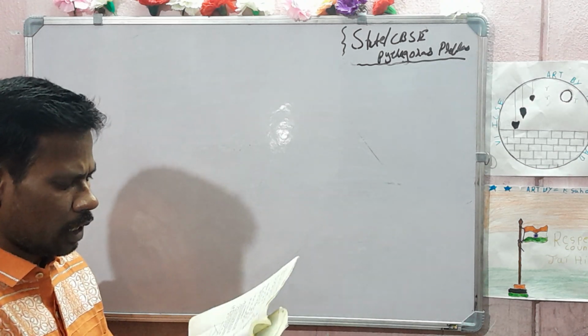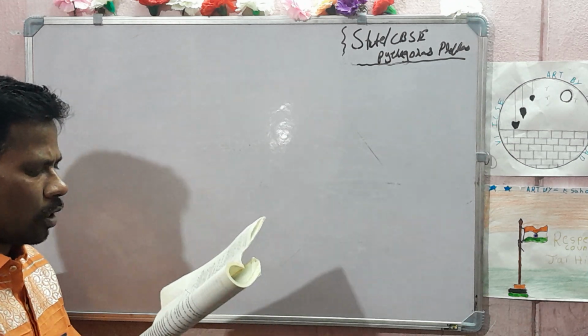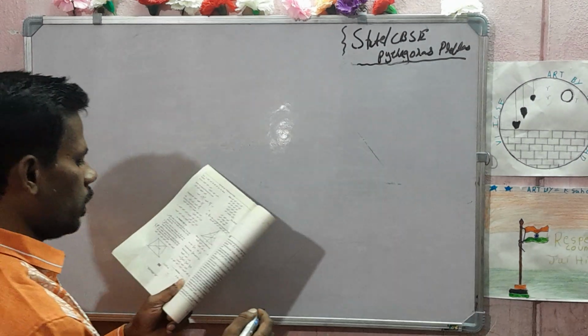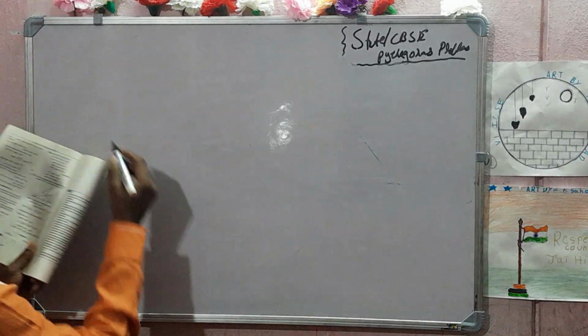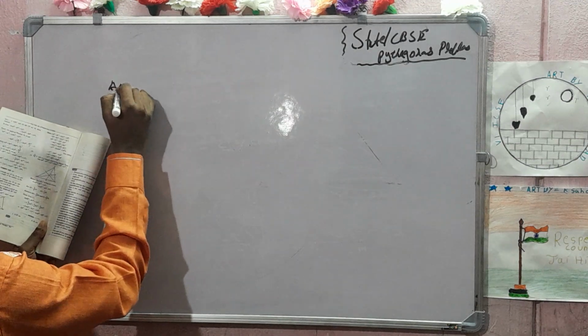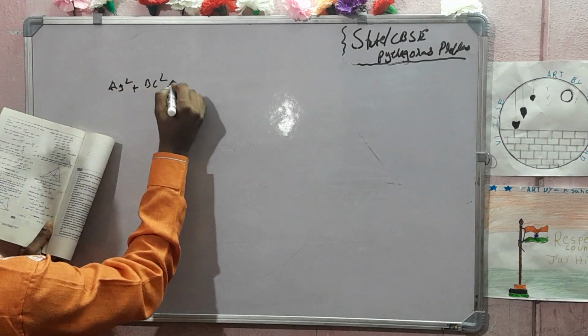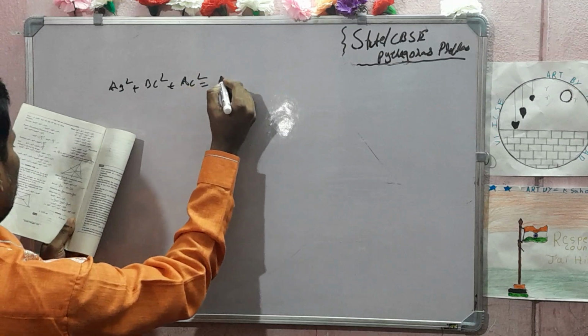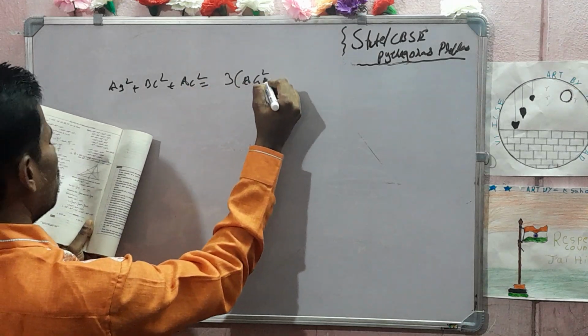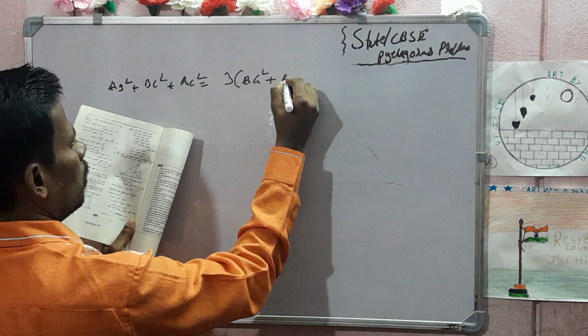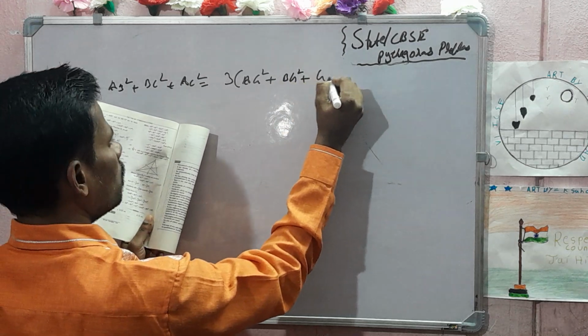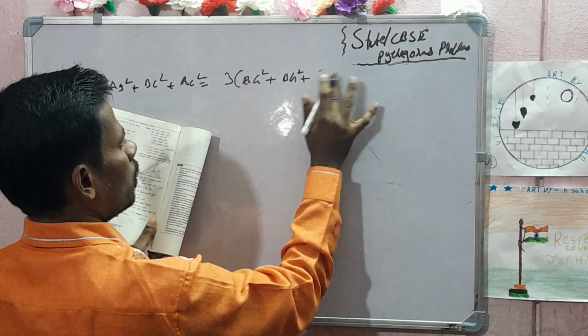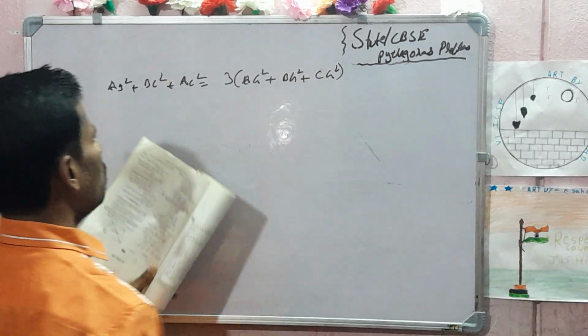ABC is a triangle and G is the centroid. They have given: AB square plus BC square plus AC square is equal to 3 times AG square plus BG square plus CG square.